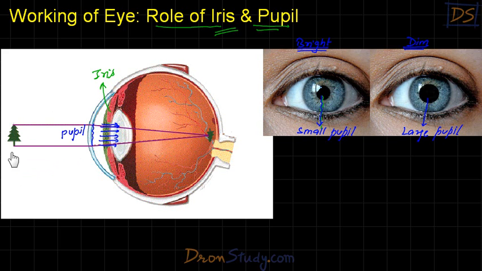If there is bright light outside, a lot of light rays can come inside our eye through this pupil. Now that is not safe for the eye. If a large amount of light comes inside, the eye may be damaged. So students, let me write this down: the eye may be damaged.